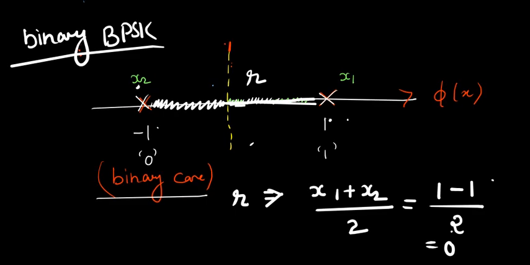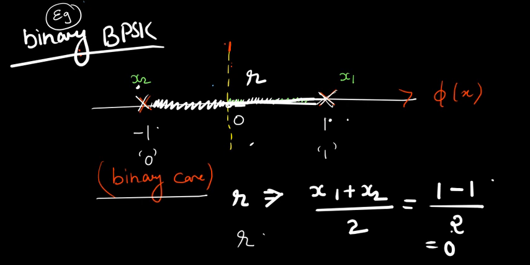So now we are starting with BPSK. You have received some R. When will you decide whether x1 was transmitted? When R is greater than this quantity, the midpoint, which is 0.